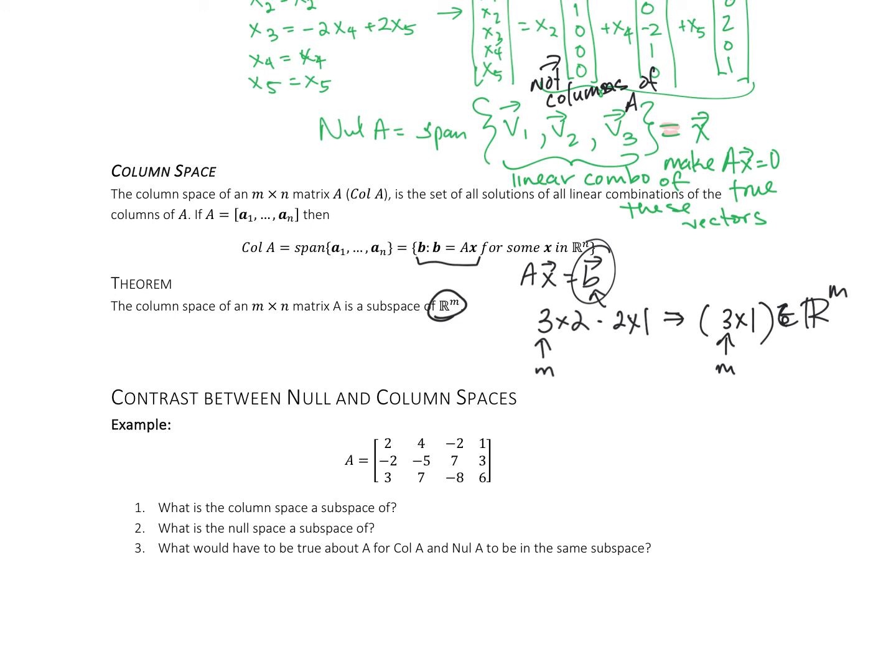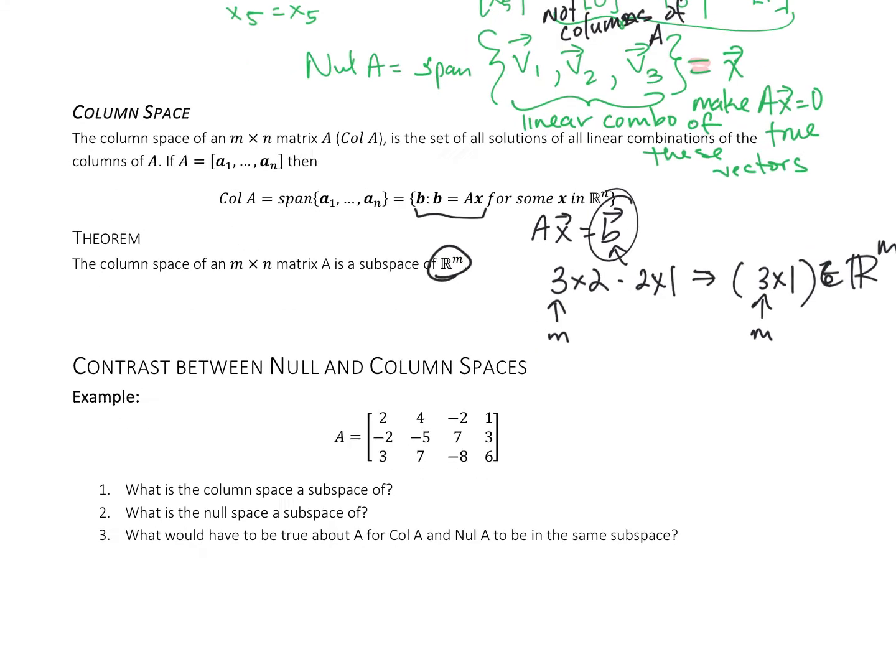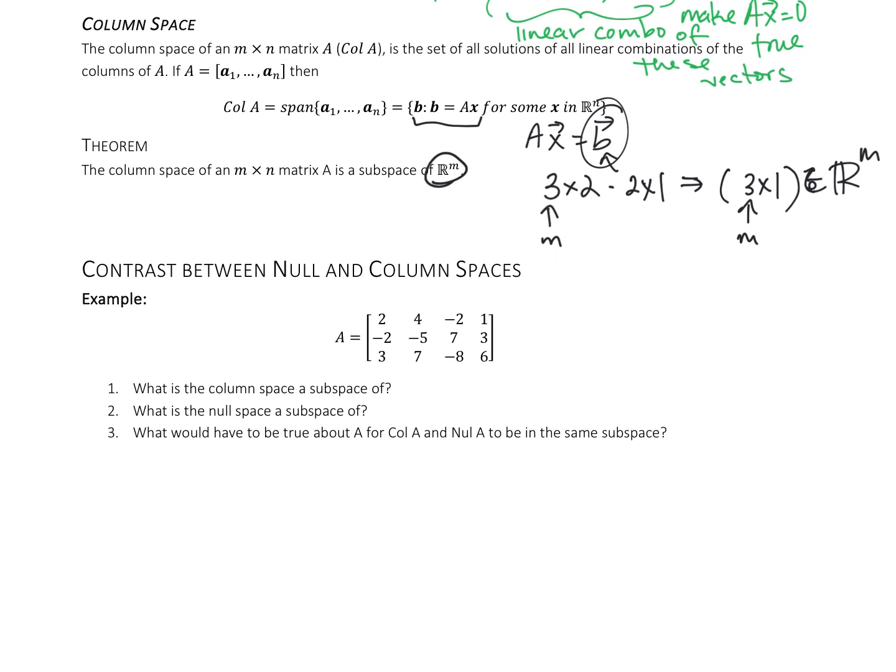We're going to compare and contrast these things just to hammer in the point that they are not the same. Say A is a 3 by 4 matrix. The column space is what happens when we take each of these vectors and find the linear combination of them.